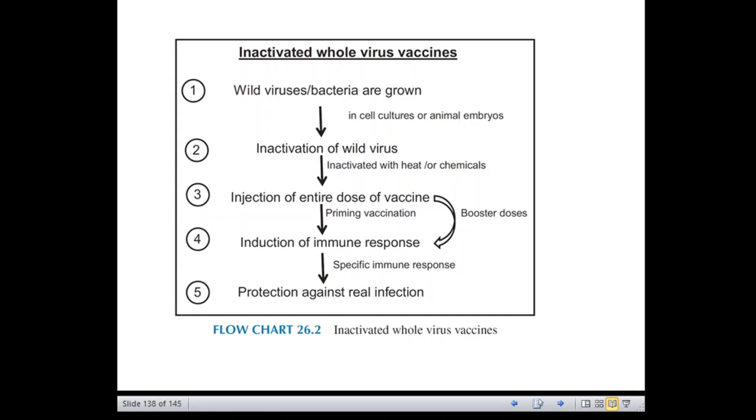Considering the disadvantages of the live attenuated vaccines, another approach that was used to develop vaccines is the inactivated whole virus vaccine. So, in this approach, the causative whole pathogen is killed or inactivated. How is it done?